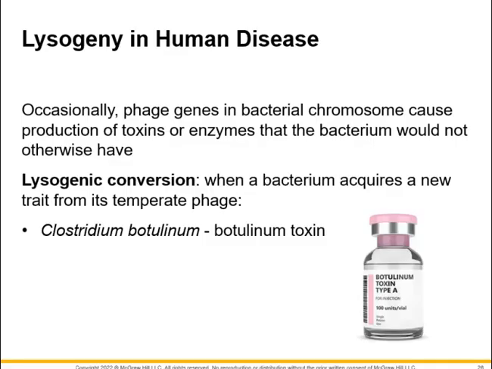If you think about it, since the virus is adding new genes to the genome of the bacteria with that prophage during the lysogenic cycle, it can add new traits as well. As it's incorporating its viral genome, it may confer some new characteristics to that bacterial cell because the bacteria is going to read the genes, and it could read the viral genes.